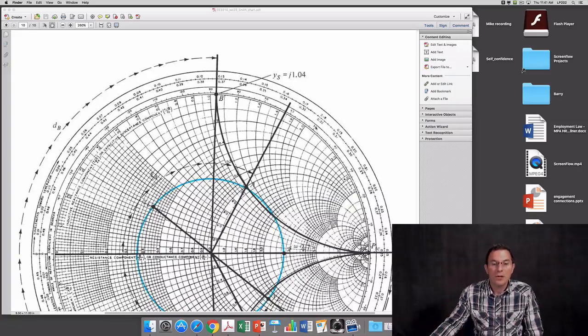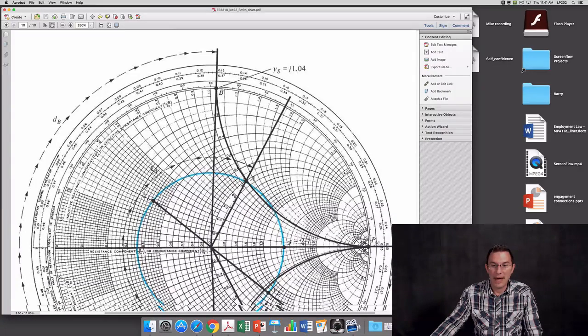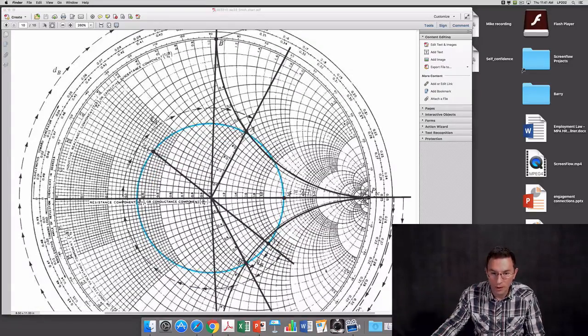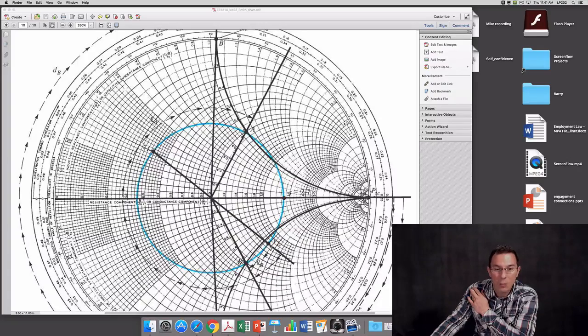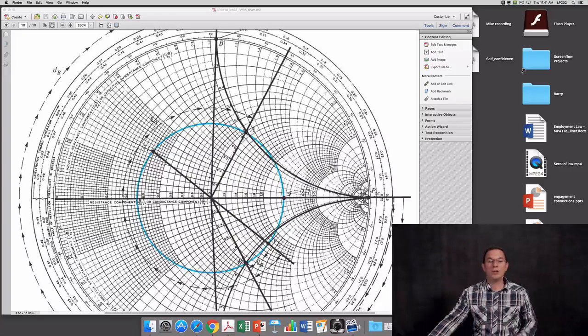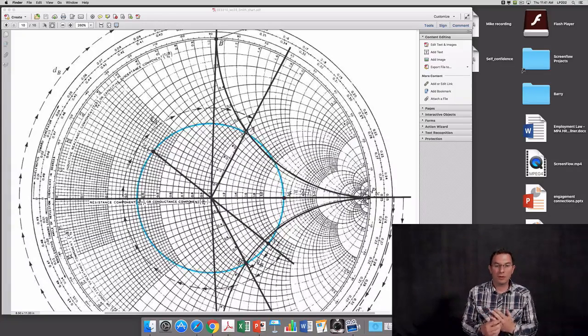In order to achieve the match, we had to move from where we started here at YL up to point A. The question is, how many wavelengths long is that in terms of the length of the first part of the stub, the L length stub?